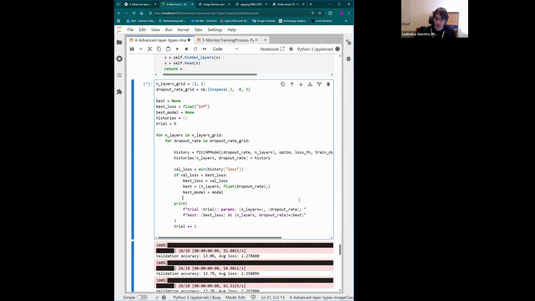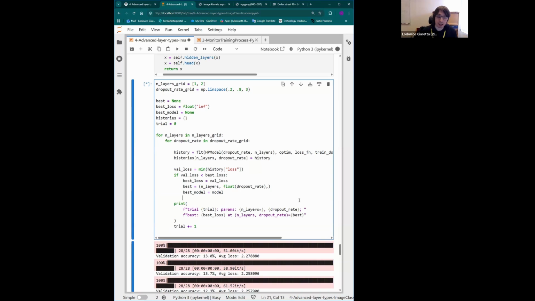So there are algorithms, there are methods that help you do this. There are methods to define this big space of all possible combinations, but then instead of trying all of them, strategically try a few and make an informed decision based on the ones I tried so far. What should I try next? What is most likely to give me good results? There are libraries that implement these algorithms.